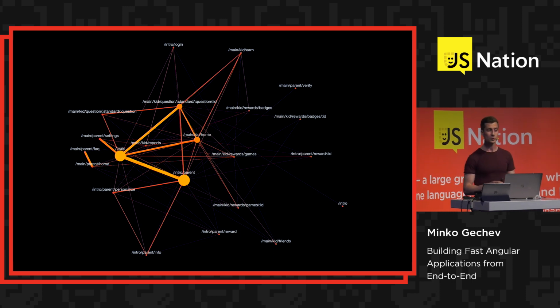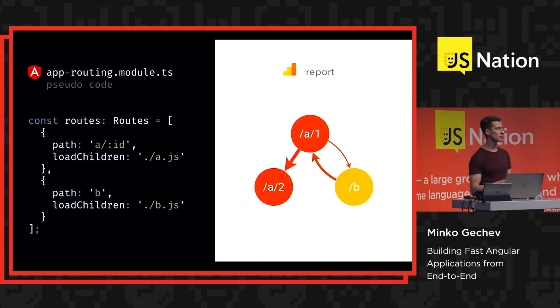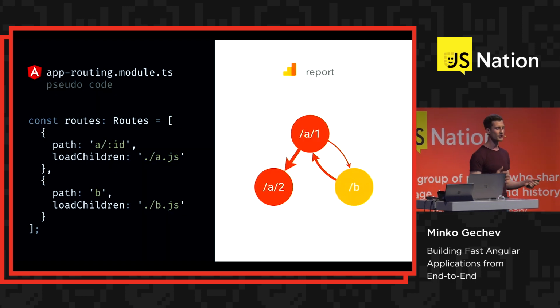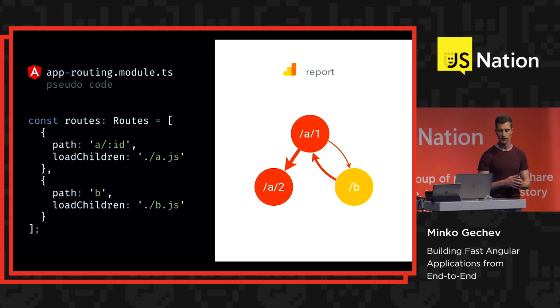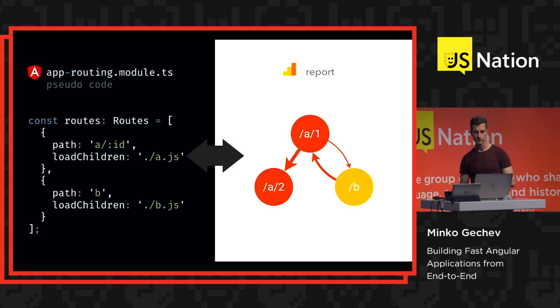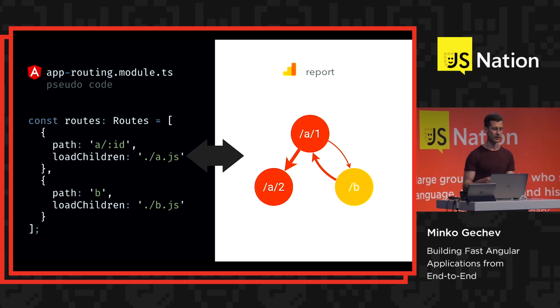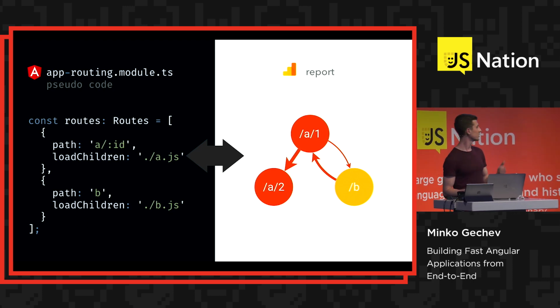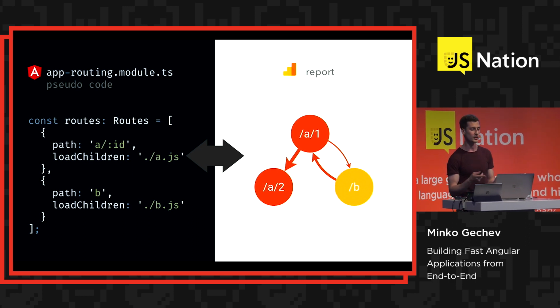Now, how do we connect this to actual route declarations in our application? So our application looks something like this. We have route declarations which are defined in an array. We can look at the route declarations, and we can somehow try to map them to our Google Analytics report. How do we do this? Well, here on the slide, we see that we have /1, /a/1, and /a/2.